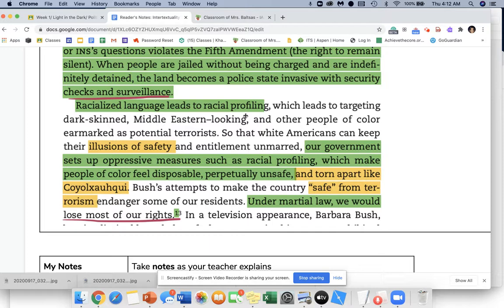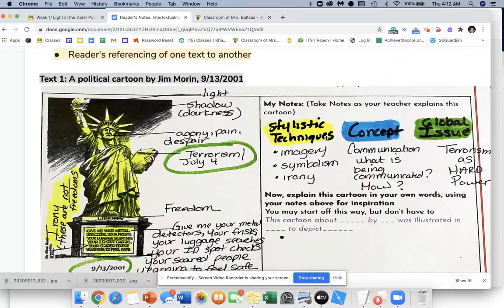So the last thing I wanted to say was this idea of safety. She talks about illusions of safety. Well, guess what? It's ironic here because we're not safe, especially when we wage war. People are going to be upset with us, especially Middle Eastern cultures, because we are targeting the race in the name, at the end of the day, and I'm bringing this back to my global issue, in the name of protecting our borders, and acknowledging that terrorism is indeed hard power.